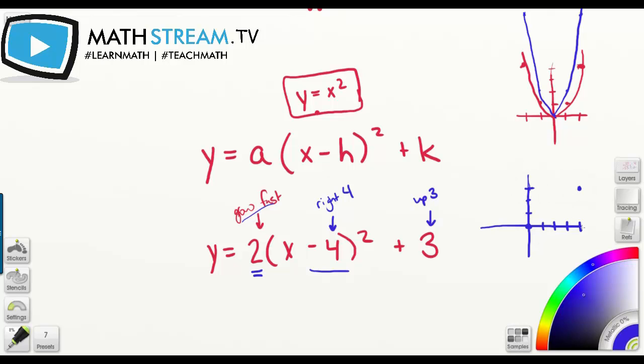So right 4, up 3, and then it's going to be extra steep. So this is roughly what our parabola will look like, a narrow U moved over here. It actually never hits the x-axis in this case because we moved it over and up.